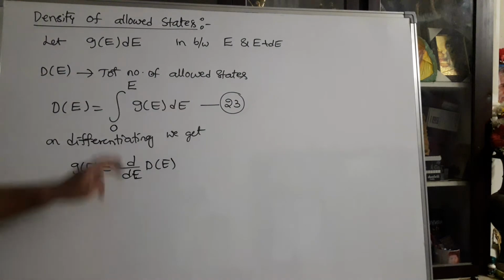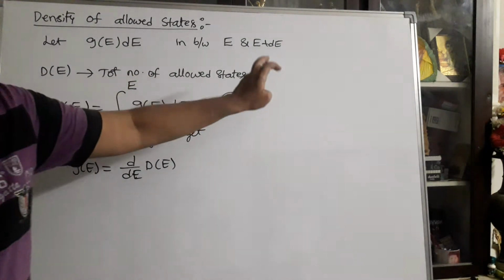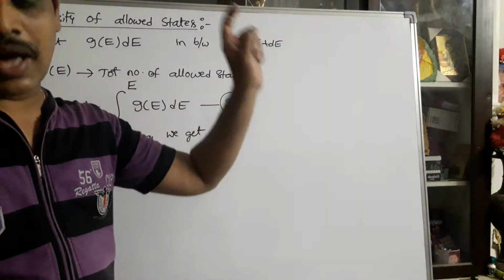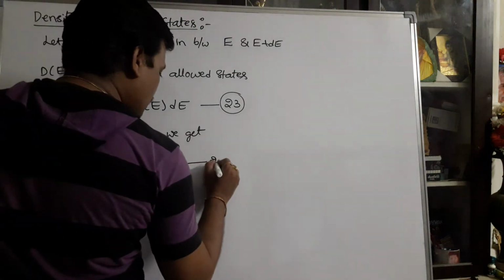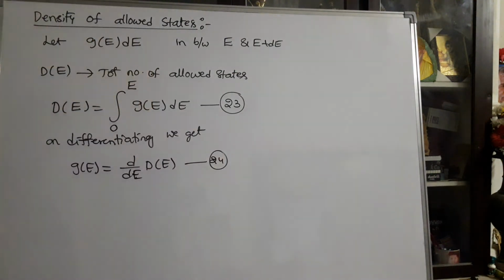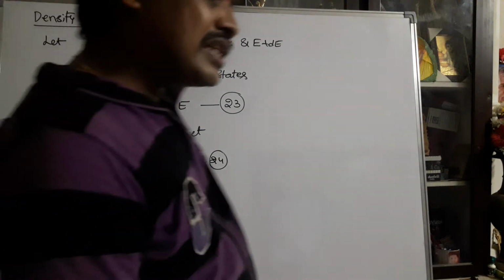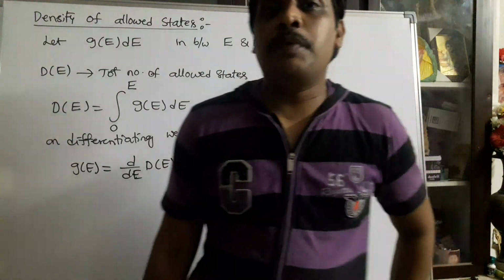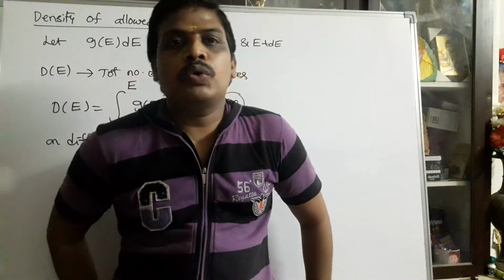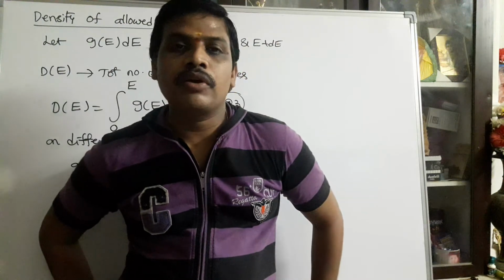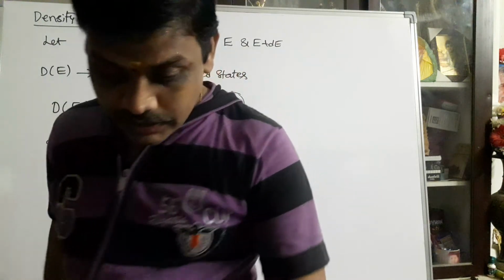What is capital D of E? The total number of allowed states at the particular energy E. So this can be taken as your equation number 24. According to equation 19, what is equation 19? The energy is equal to h cut square by 2mL square into nx square plus ny square plus nz square.